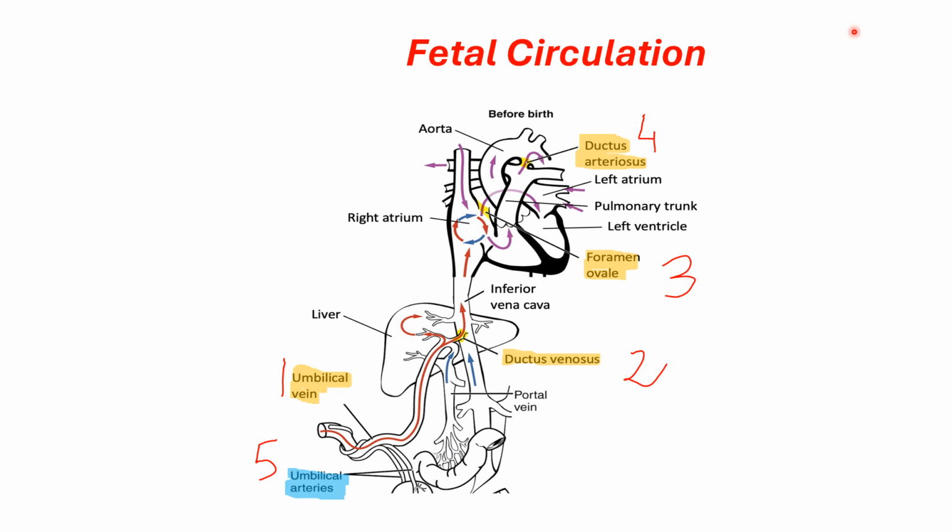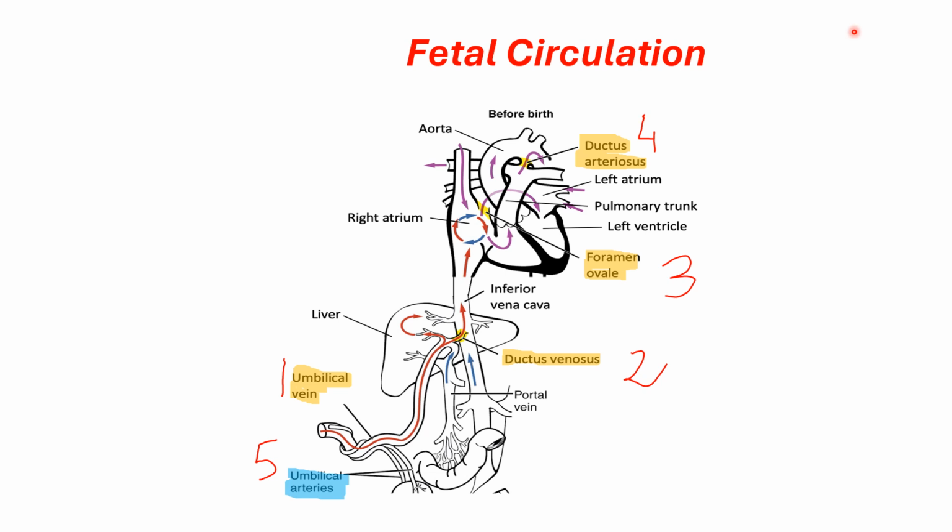Now let's talk about the mechanism that causes the closure of the foramen ovale, ductus arteriosus, and ductus venosus. The foramen ovale closes since there will be an increase of left atrial pressure, which is higher than the right atrial pressure.